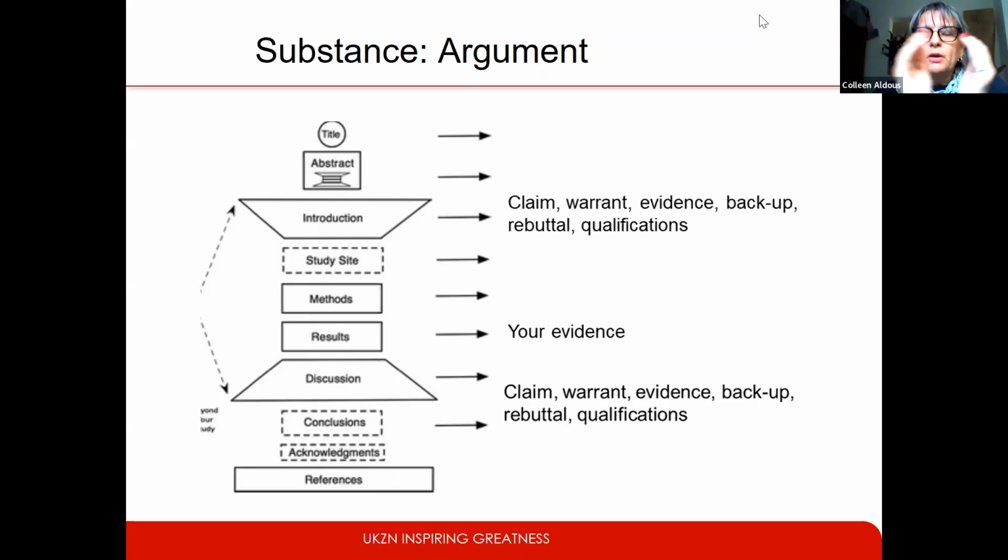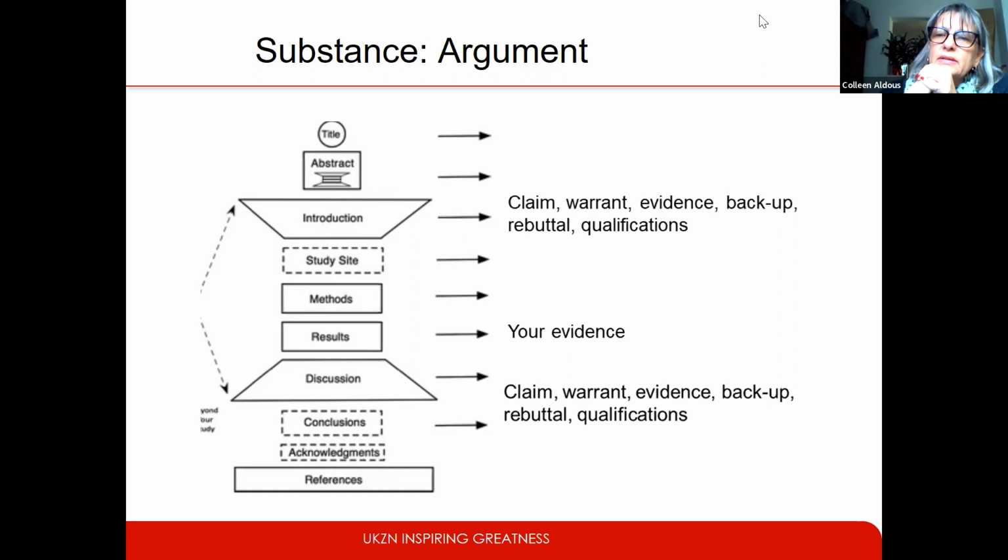This is where you are showing how, after your opening statement, you've got all your witnesses out there, you've got all your evidence, and now this is your closing argument, and you're going to bring back your claim, warrant, evidence, backup, rebuttal, qualifications, etc.